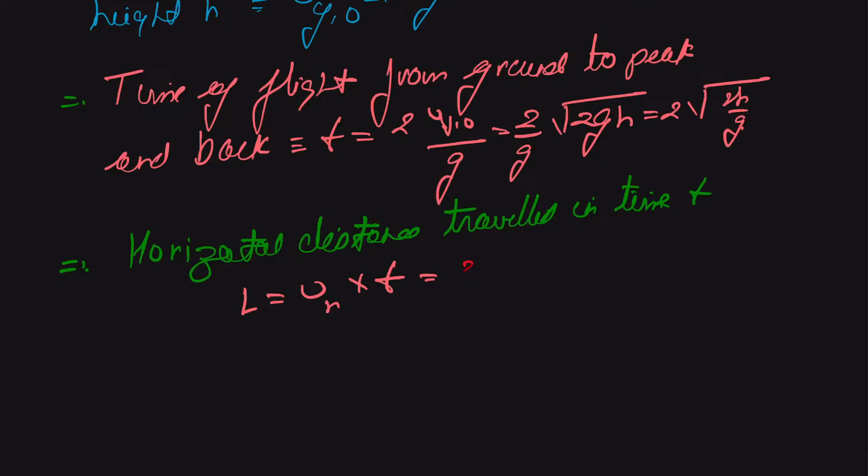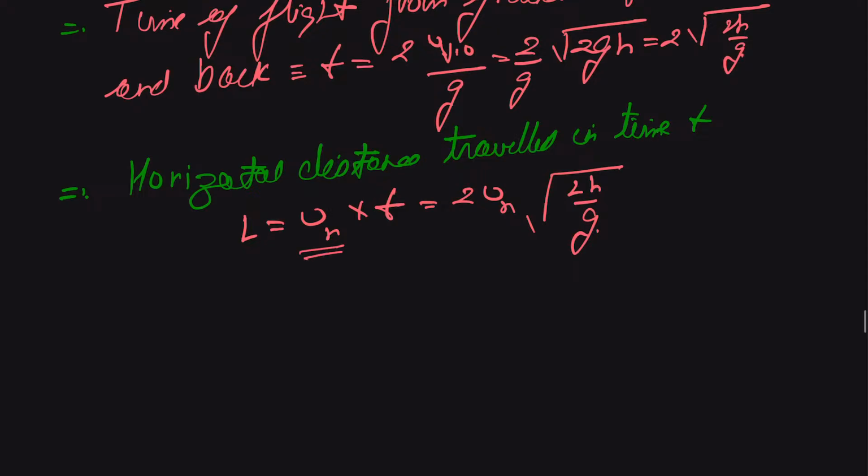So we get this as twice Vx square root of 2h upon g. And so the ball is going to repeat this flight back and forth, maintaining the same Vx as well as omega.